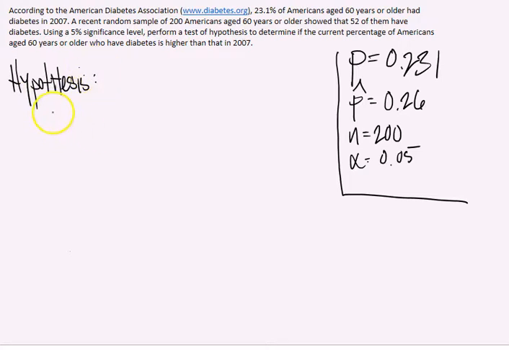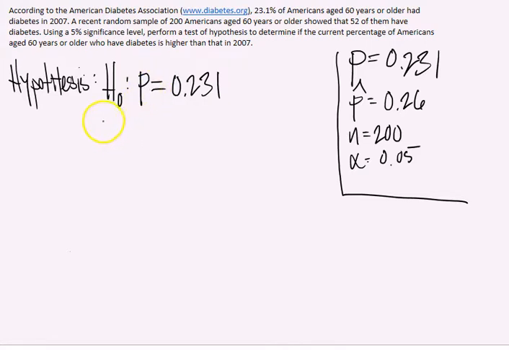So my null hypothesis, the thing that I assume to be true, is that the proportion is equal to 0.231. It's what we're assuming to be true. I assume that this is true because there's a study that did it beforehand, and this is the value that they got. It was a professional study, so I'm assuming that they got this correct.